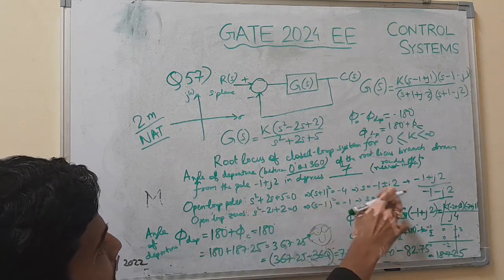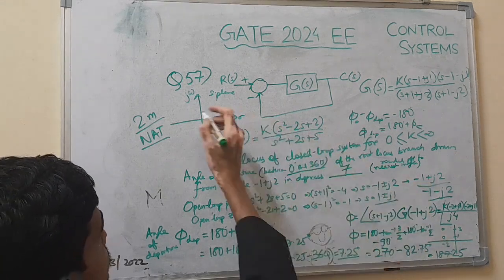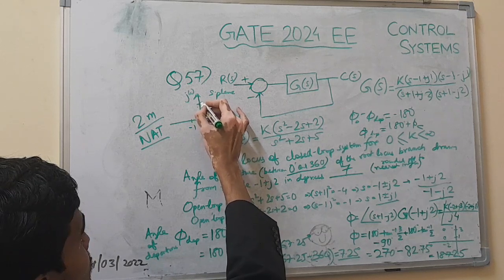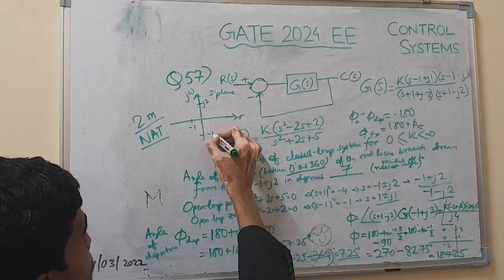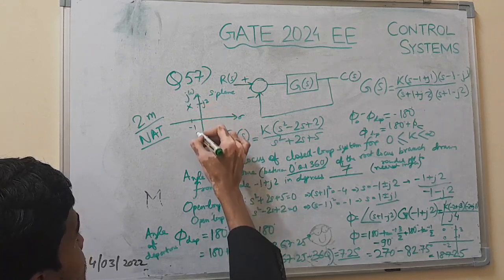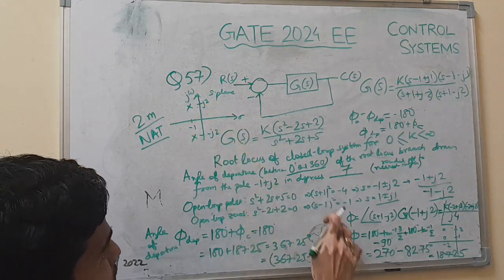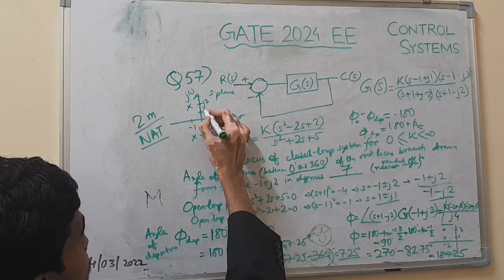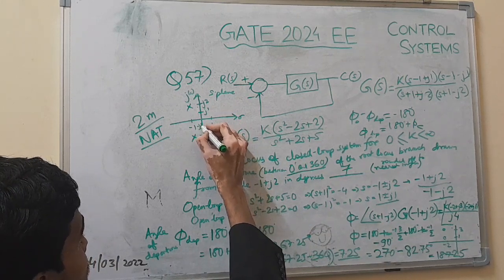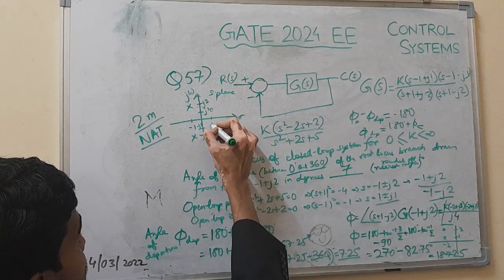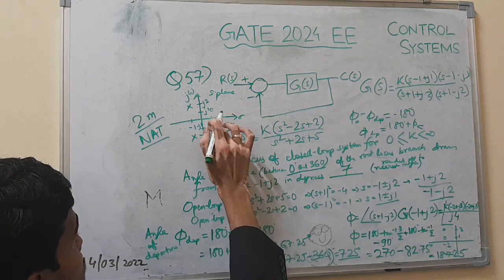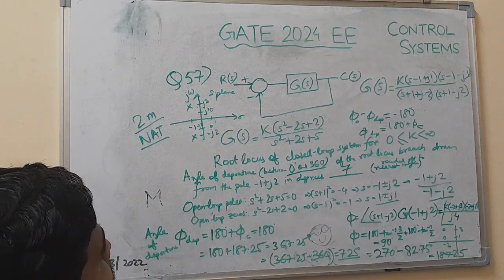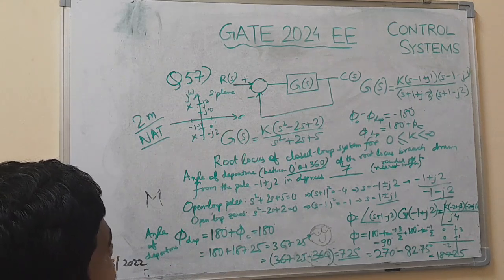पोल्स का लोकेशन है -1 प्लस माइनस j2, तो -1 इधर हो गया, प्लस j2 इधर और माइनस j2 इधर। These are the poles. And the zeros' location is 1 plus minus j1: 1 इधर हो गया, j1 इधर, माइनस j1 इधर। Now what will the root locus be?